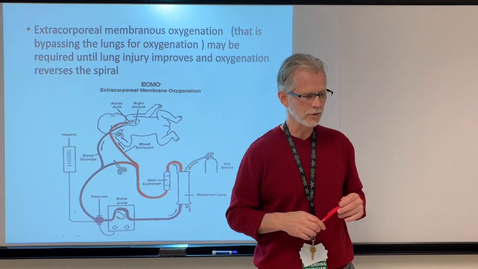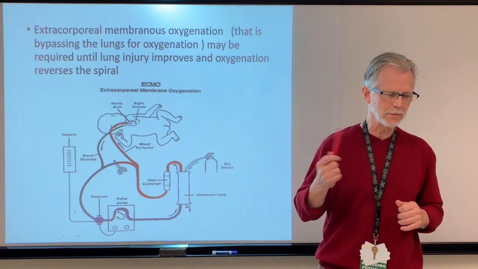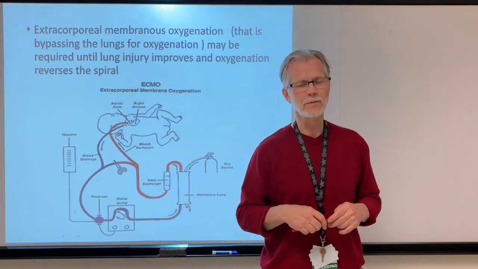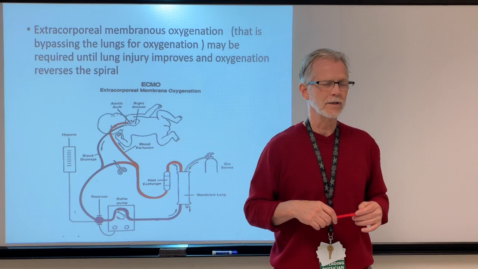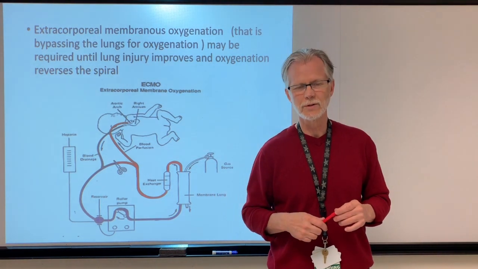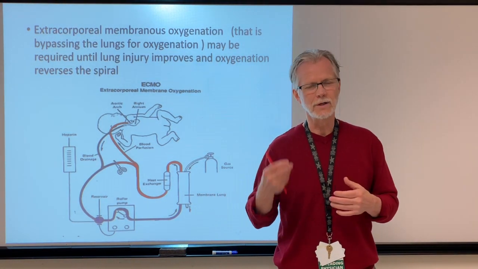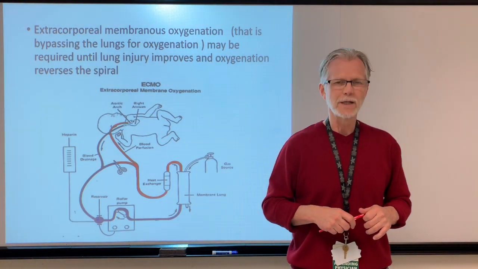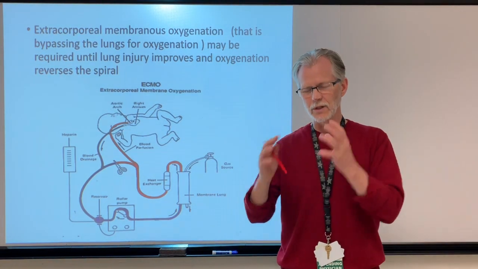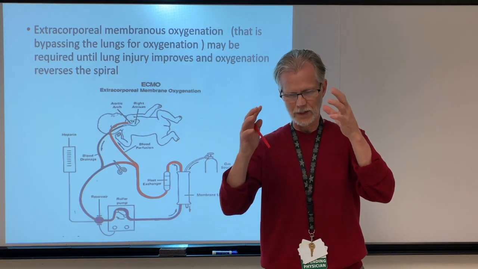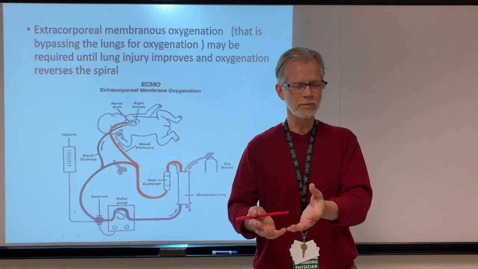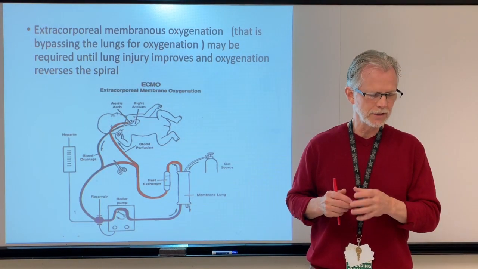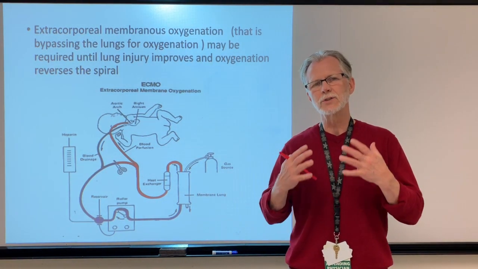The extracorporeal membrane oxygenation, ECMO, can bypass the lungs for a period of time. That's a morbid procedure. Cannulation has to occur, of the carotids, bypassing the lung. But in this circumstance, the lungs can be bypassed by oxygenating from another extracorporeal location, and the lungs have a chance to heal.